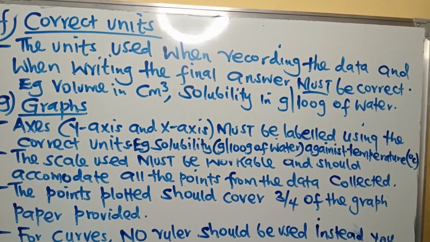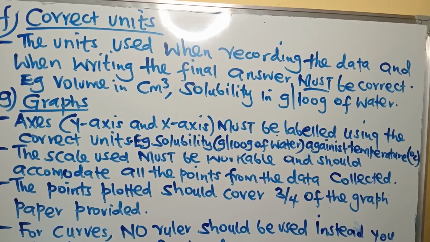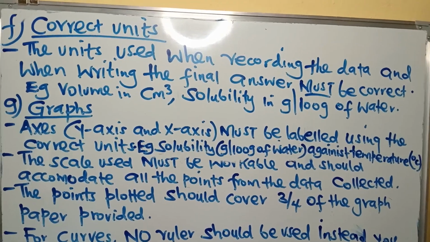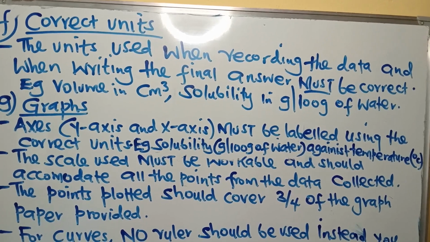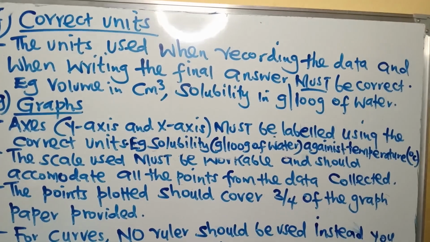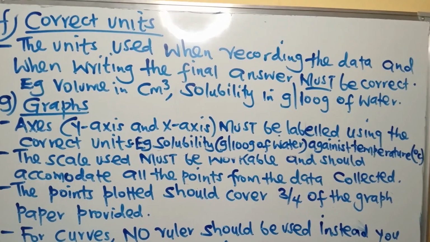Correct units must be used. If you use incorrect units, you are penalized and no mark is given. So you should learn the various units that must be used when you are dealing with paper 3.